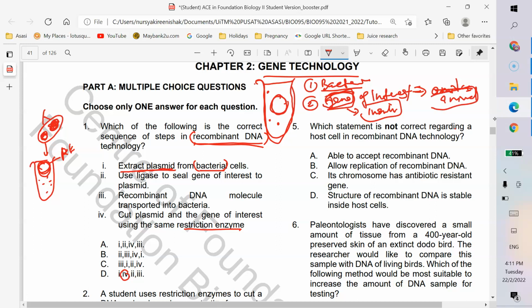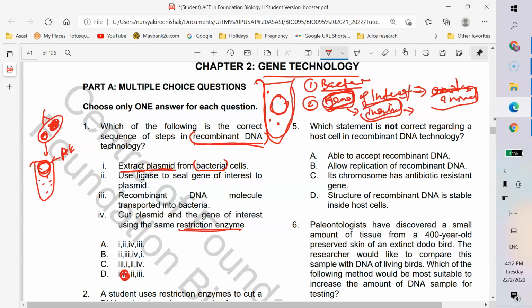So the gene can code for any proteins. Okay, the proteins can be enzyme, can be hormones, can be other proteins that the cell produce. Let's say gene untuk menghasilkan insulin yang awak ambil daripada pancreatic cell. So the pancreatic cell, you extract out the DNA and then you cut the DNA into fragments using the same restriction enzyme. Step yang kedua ni.